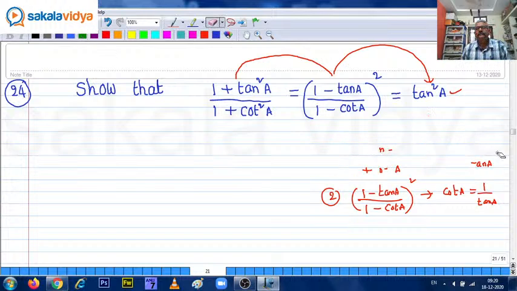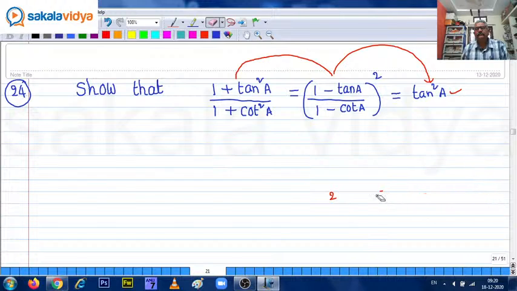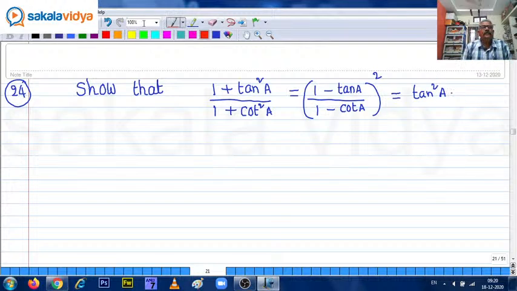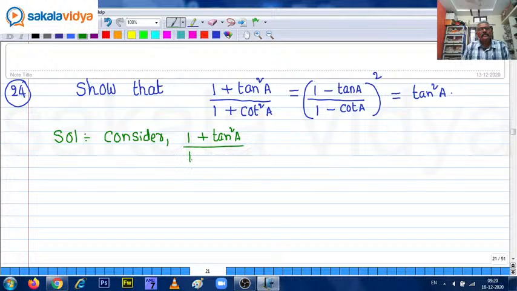Okay. Let us solve it now. Solution. See, consider 1 plus tan square A upon 1 plus cot square A. Keep numerator as it is, only change in the denominator.